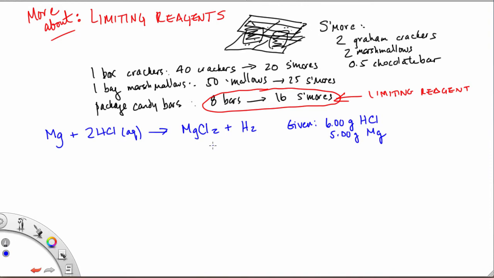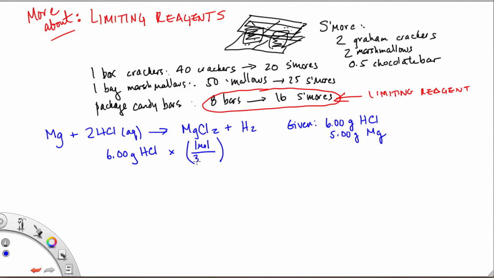realistic occurrence. So to find my limiting reagent, if you recall from my previous example, first thing we want to do is start with our given quantities. So I have 6 grams of hydrochloric acid, and I want to convert these given quantities into moles.